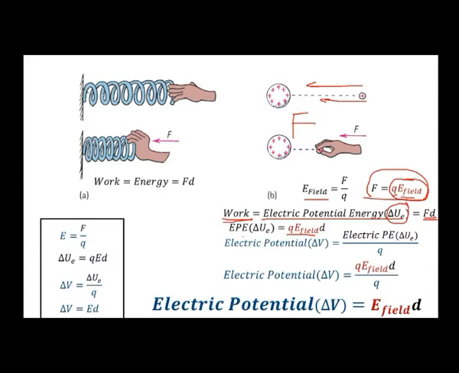And in terms of electric potential, we have the formula from a while ago, which is delta V is equal to potential energy divided by the number of charges. So we change the formula for potential energy into this formula right there.